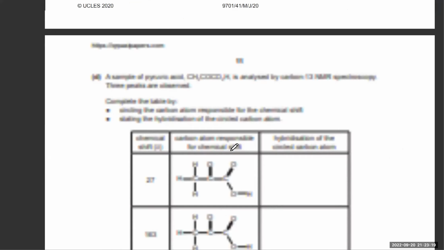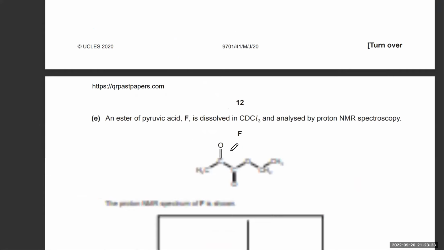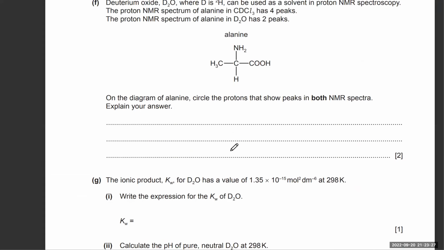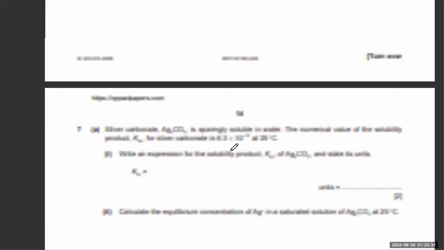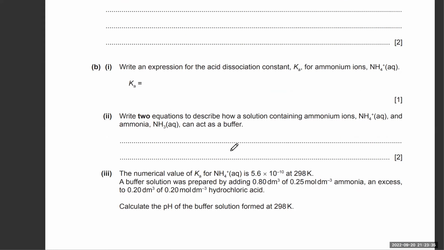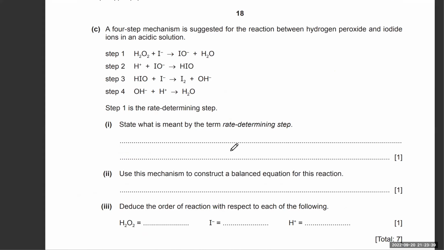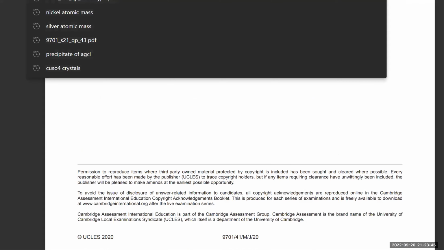So we completed the table, and that's again carbon-13 NMR. Just a second. Now this one. No, that's NMR. Explain what a buffer is. Hold on a second. So we've run out of organic questions. Let's do another paper.